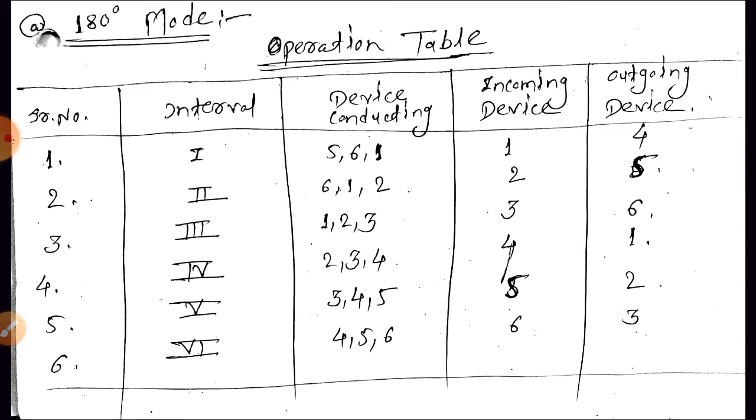Also, the RMS value or the maximum value of each phase voltage as well as the line voltage should be the same, and the frequency of each line voltage or phase voltage should be the same. So a balanced supply means the mutual phase displacement should be 120 degrees, the frequency of all phase or line voltages should be the same, and the maximum value of all phase voltages and all line voltages should be the same.